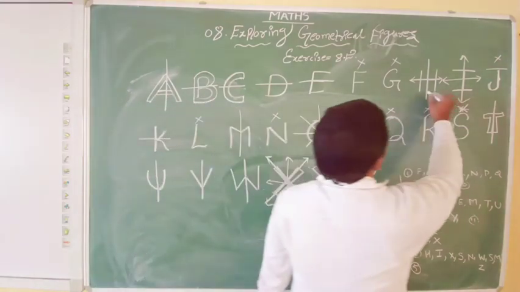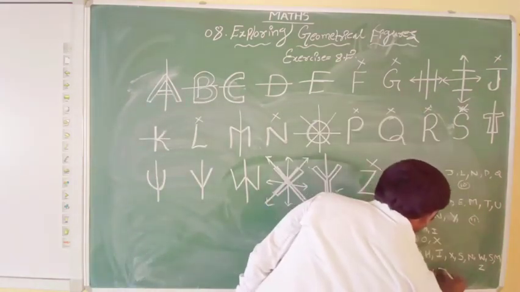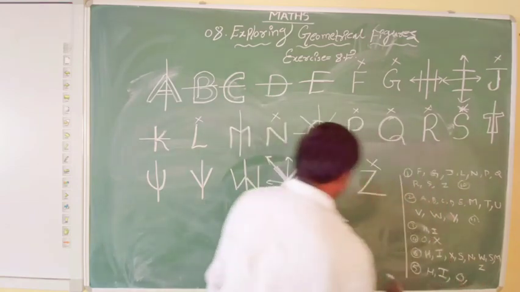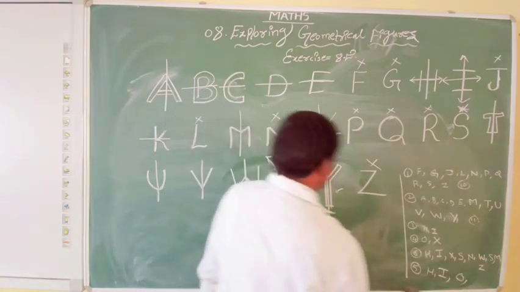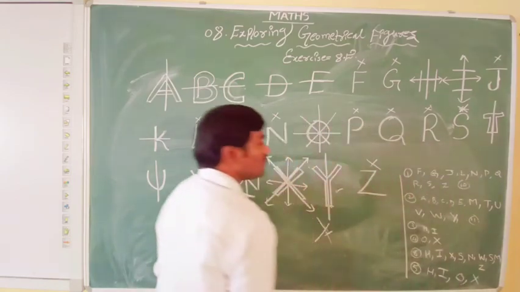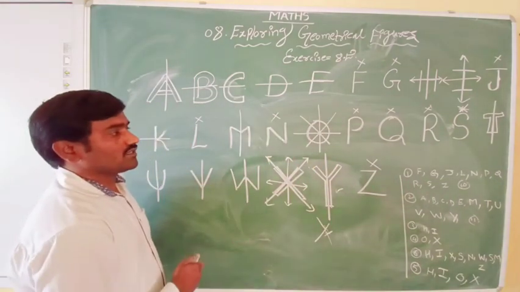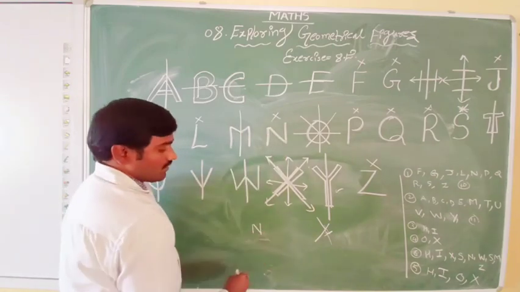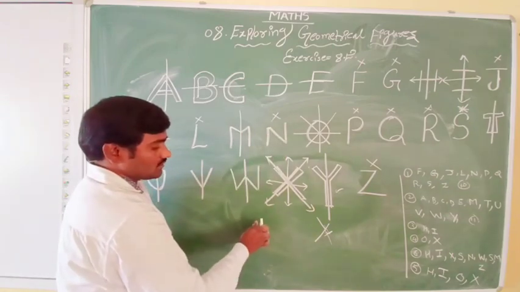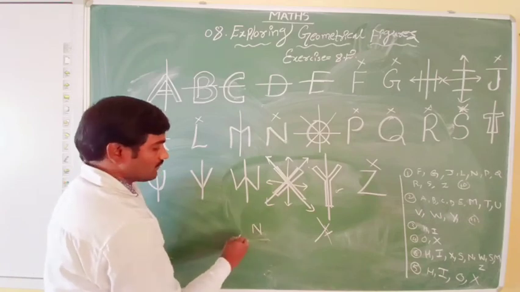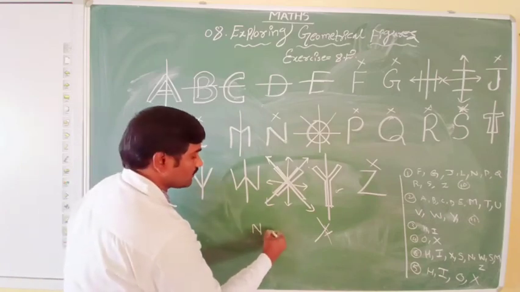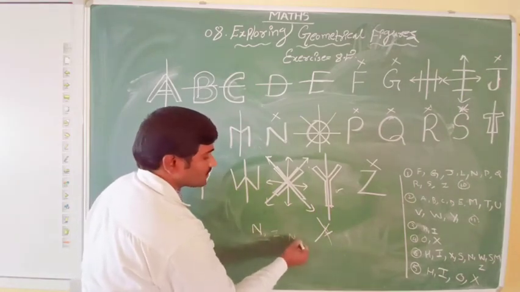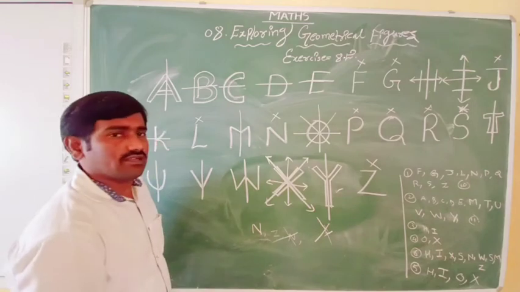H and I are rotational symmetry, O is a rotational symmetry, and X is a rotational symmetry. These are all rotational symmetries. See, N: you rotate it like this, so it will be like Z. So N is not a rotational symmetry.